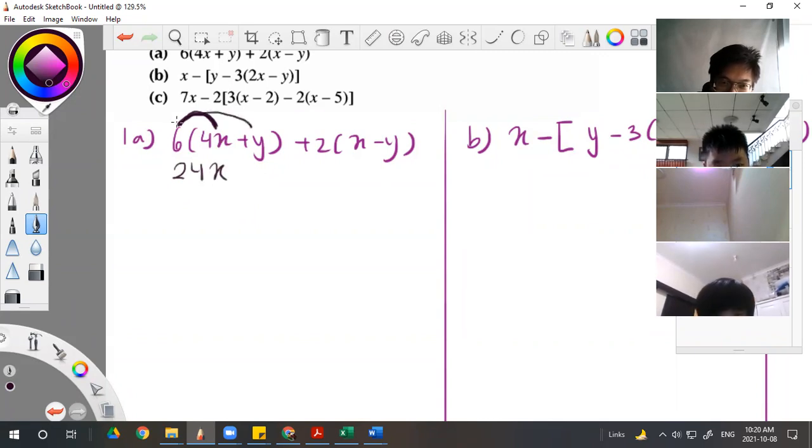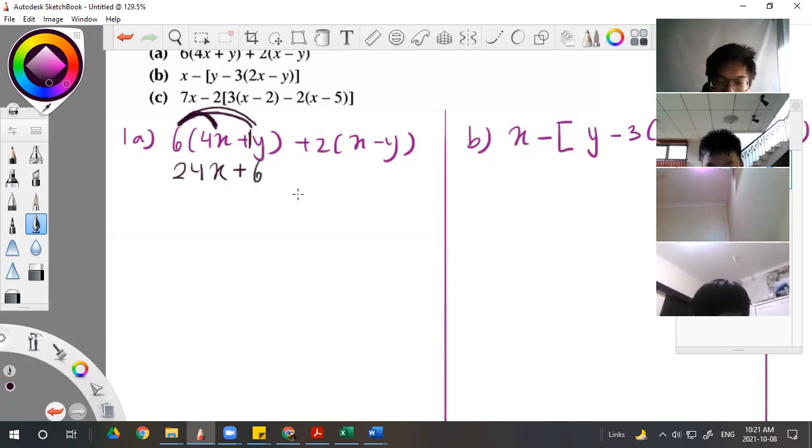Next rainbow. 6 times y berapa, Nicholas? Berapa, Nicholas? 6 times 1 aja deh kalau nggak tahu. 6 times 1 berapa, Nicholas? 6. 6.